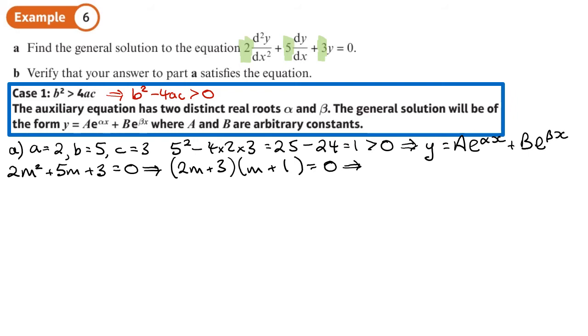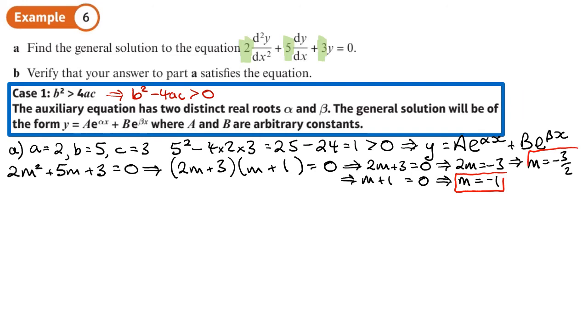So I'm going to have 2m plus 3 equals 0, which will give me 2m equals minus 3, which gives me m equals minus 3 over 2, and then I will have m plus 1 equals 0, which gives me the other solution, m equals negative 1. So I'll just highlight those. These are my values of alpha and beta, and it doesn't matter which way around.